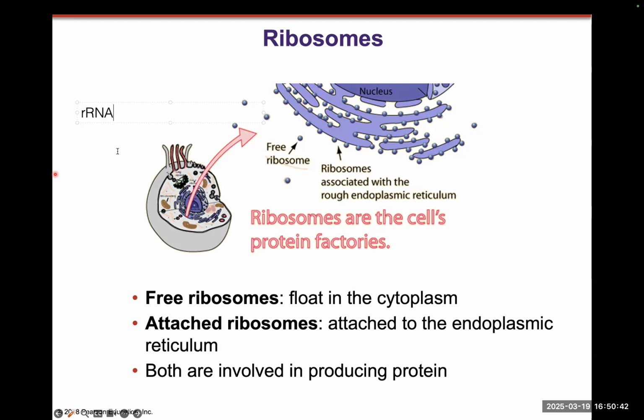RNA is a nucleotide, but it has been configured to work as an enzyme, and it's basically a little chemical machine where you run the information through the mRNA and it outputs on the other end a chain of amino acids through rRNA.